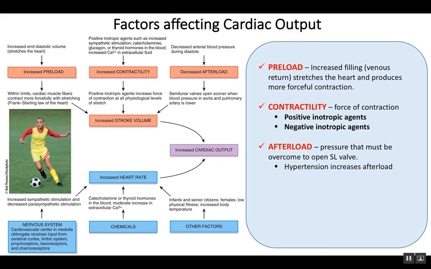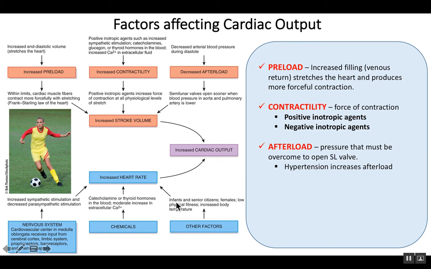On the bottom, the heart rate is a little easier. There's certain things that increase your heart rate, like your sympathetic nervous system, which we already talked about. Some chemicals, catecholamines, epinephrine and norepinephrine increase your heart rate. Thyroid hormones increase your heart rate. Calcium increases your heart rate.